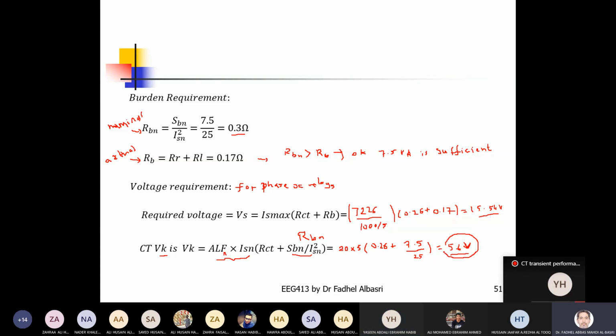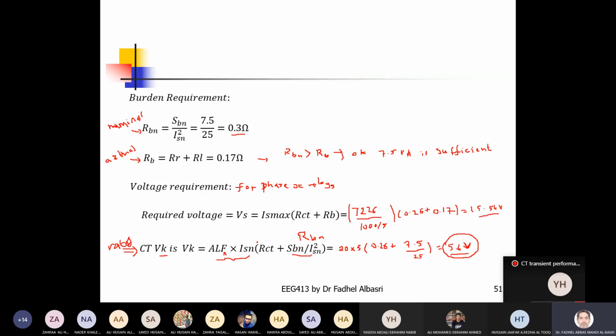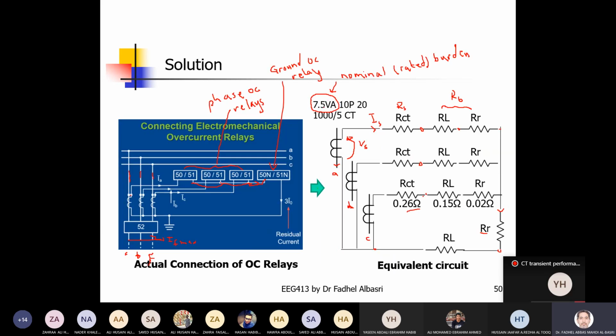This is our maximum voltage. This is our reference. This is our rated. Why is it rated? I use the rated accuracy limit factor specified by the CT, 20. I use the rated secondary current and a rated burden, which is here.